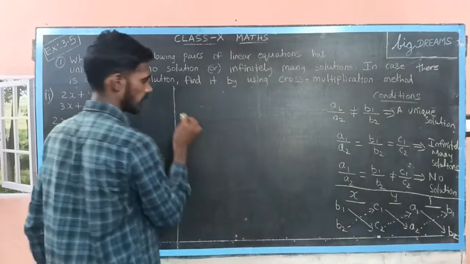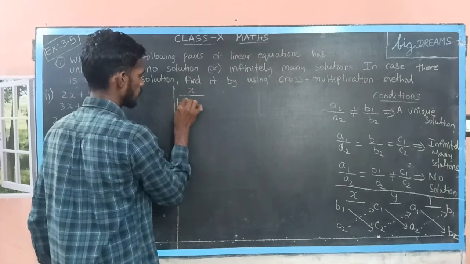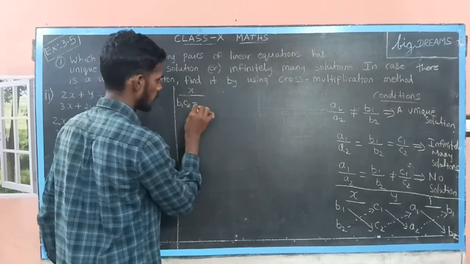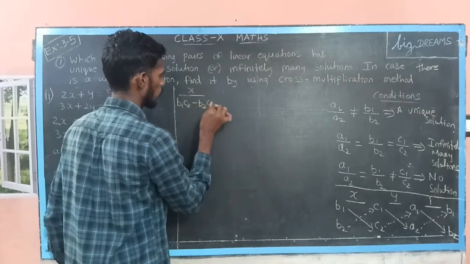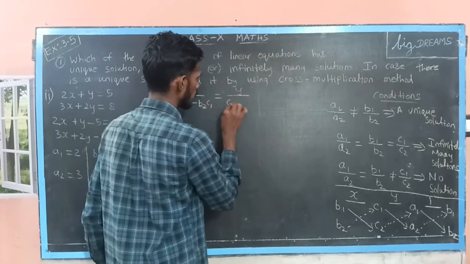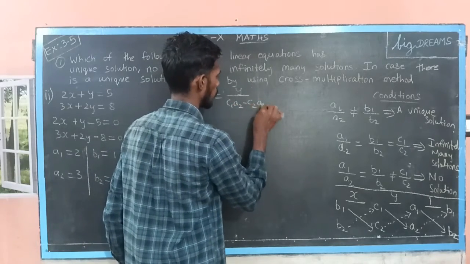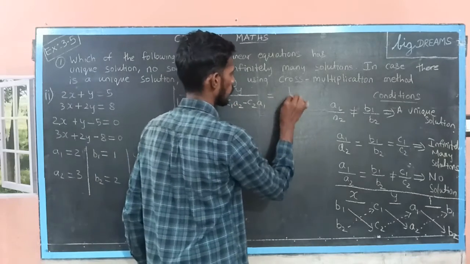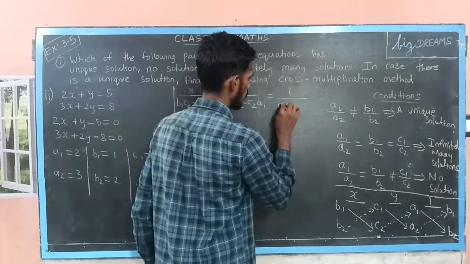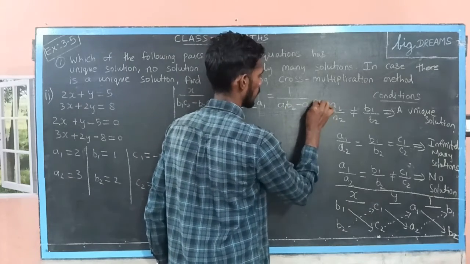Now write the condition. It is x divided by b1 c2 minus b2 c1 is equal to y divided by c1 a2 minus c2 a1 is equal to 1 divided by a1 b2 minus a2 b1.